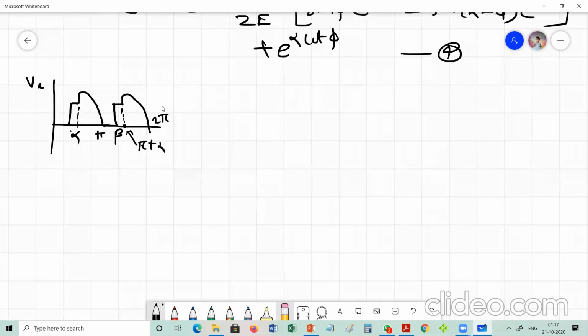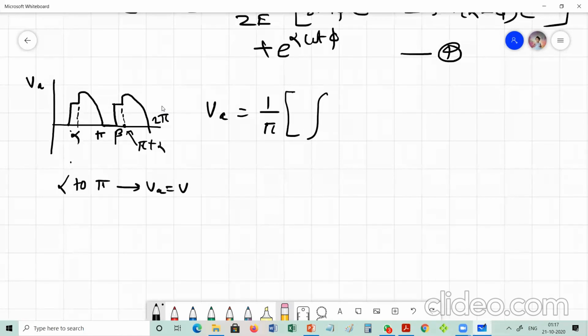So we can write down the equation of voltage as: Va is equal to 1 by pi over the period pi. But this period pi can be divided into parts. One is from alpha to pi, where Va is equal to Vm sin omega t.